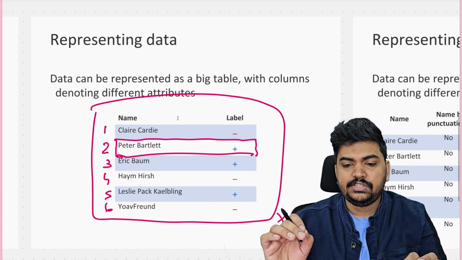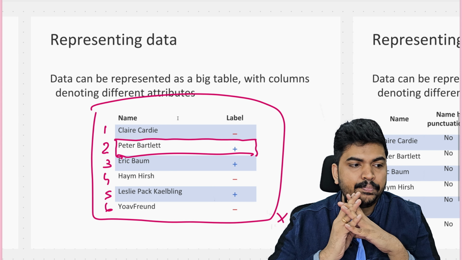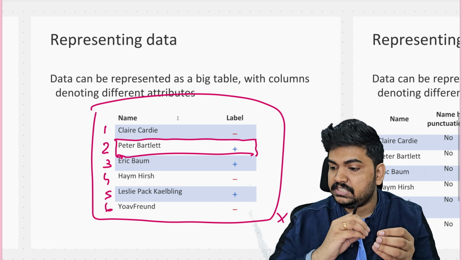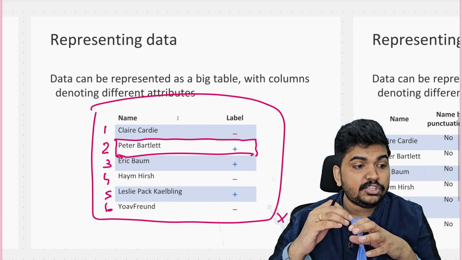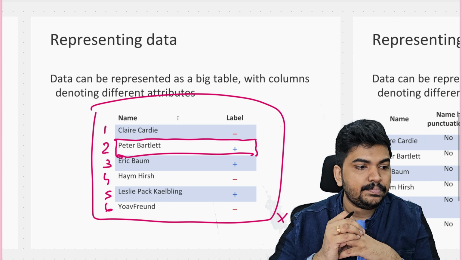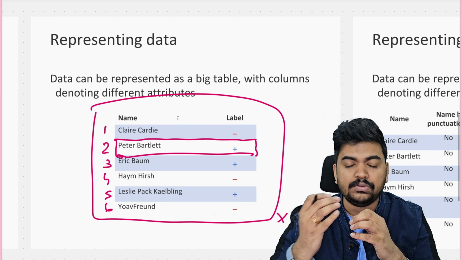One of the issues with the representation that we see here is that if we just put our data with just the names and no other representation of the defining features of the data, then it cannot handle unseen scenarios.